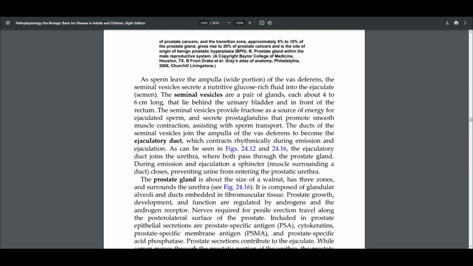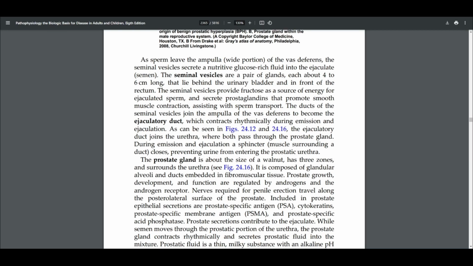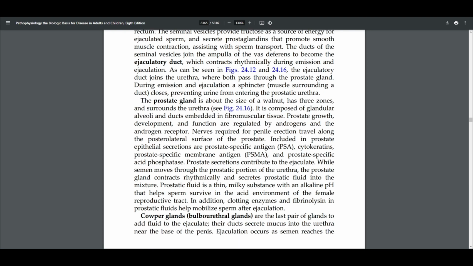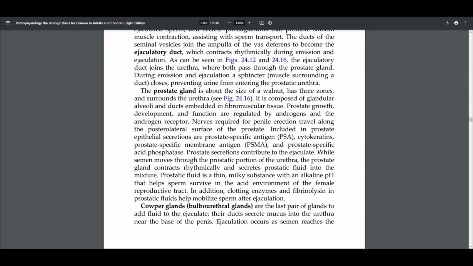During emission and ejaculation, a sphincter closes, preventing urine from entering the prostatic urethra. The prostate gland is about the size of a walnut, has 3 zones, and surrounds the urethra. It is composed of glandular alveoli and ducts embedded in fibromuscular tissue. Prostate growth, development, and function are regulated by androgens and the androgen receptor.